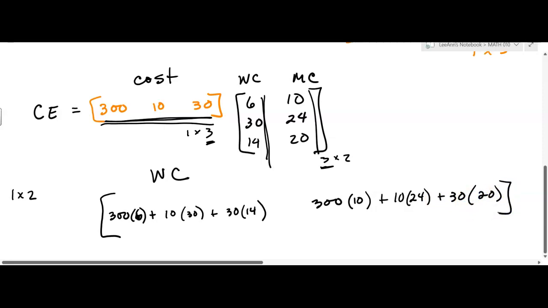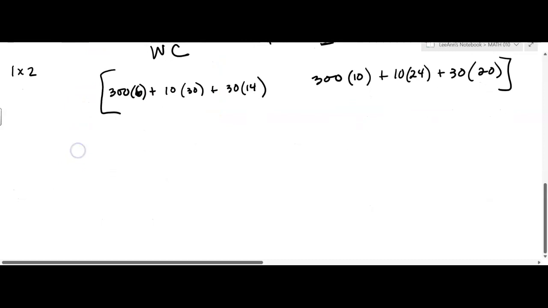Then we can do some calculating here. 1800 plus 300 plus 420. And this other one is 3000 plus 240 plus 600.